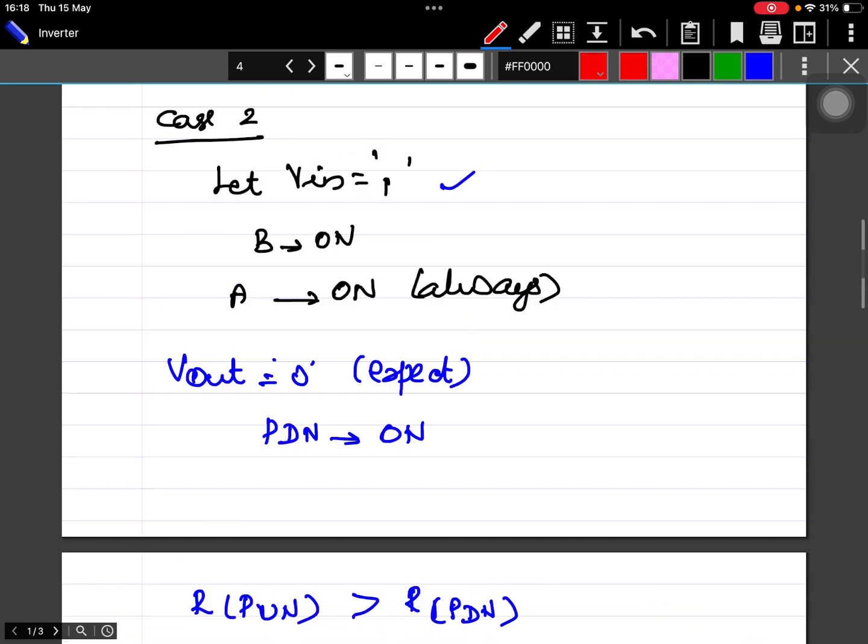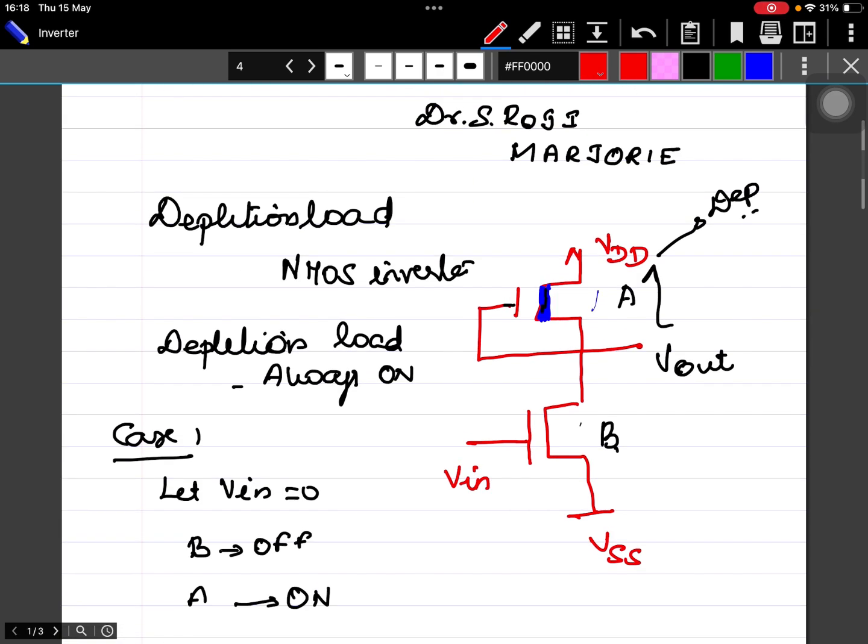When I go back to my circuit, I can say that the strength of the PMOS, I'll make it as 3, and the strength of the NMOS, I'll make it as 4. It is to satisfy the ratio. Is that clear?